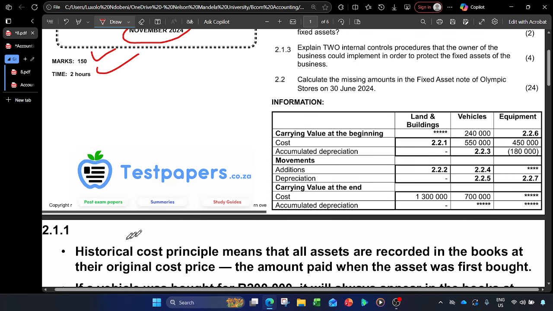I will read this definition because I think it makes more sense. So the historical cost principle means that all the assets are recorded in the books of the business at their original cost. This is very important. So it means the amount paid when the asset was bought, right? So that is the historical cost.